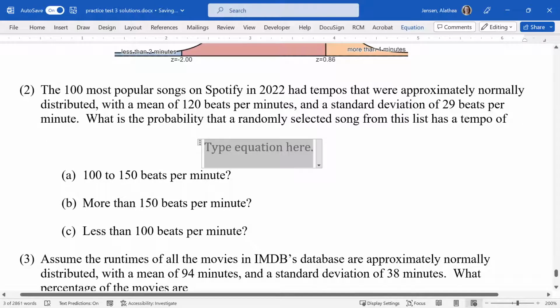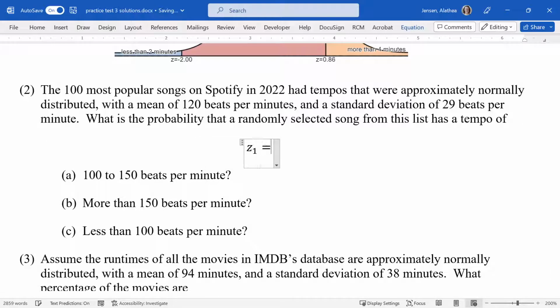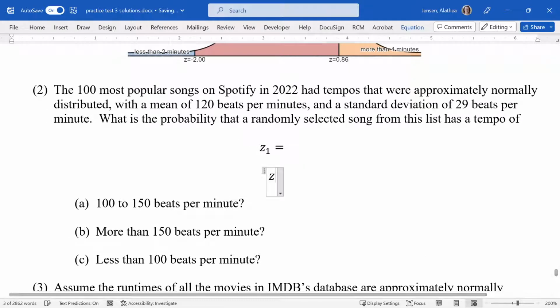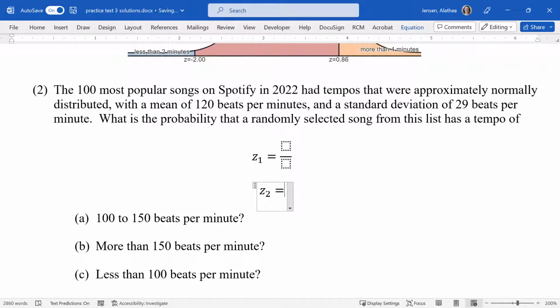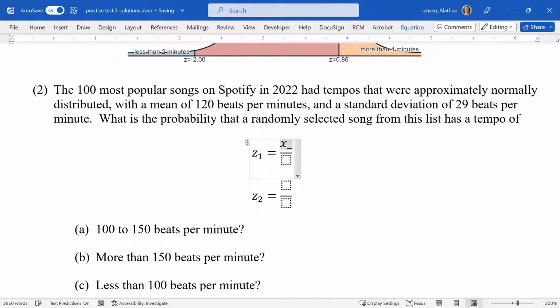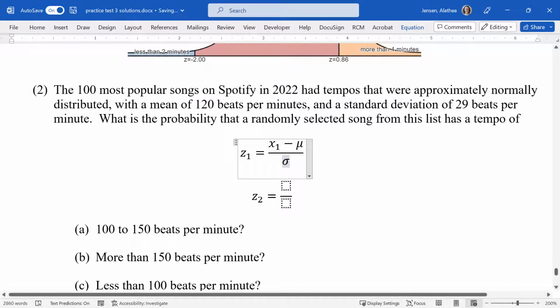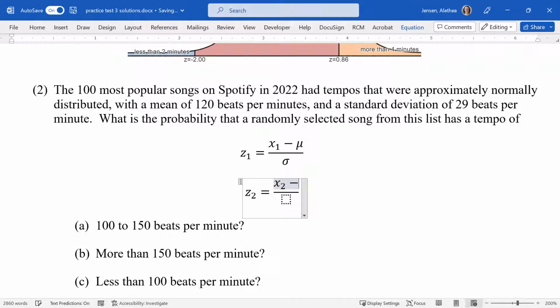You're going to calculate two z-scores, z1 and z2, for the two tempos of interest, which are 100 and 150. So we're going to use x1 and x2, and the same mu and sigma.